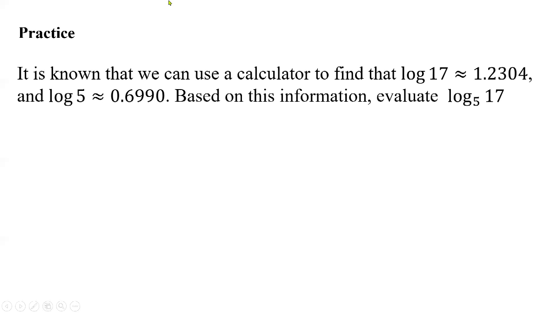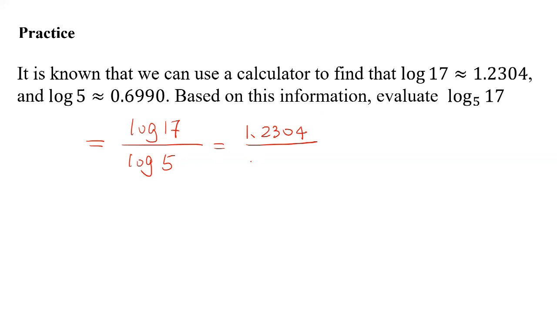Right, so let's have a look at the solutions. Actually, we can evaluate log base 5 of 17 using the change of base formula, right? So this equals log base 10 of 17 over log base 10 of 5, right? So we have already been given the information that log base 10 of 17 is 1.2304 and log base 10 of 5 is 0.6990, right?